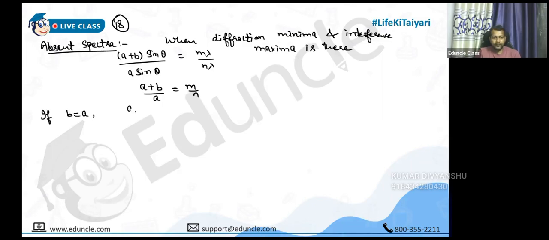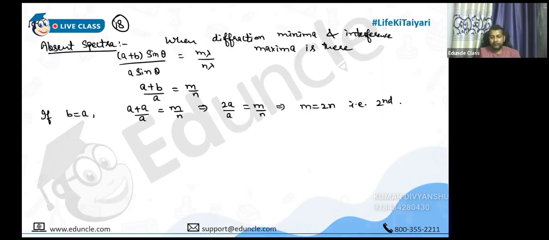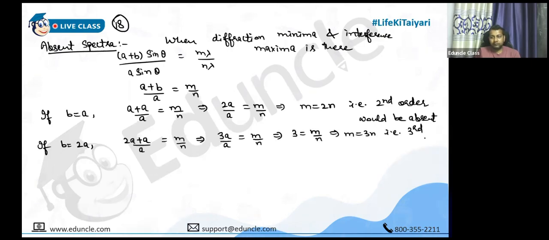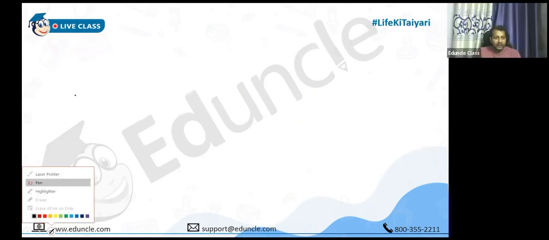If B is equal to A, okay. Clear? And then there are questions on anti-reflection coating.